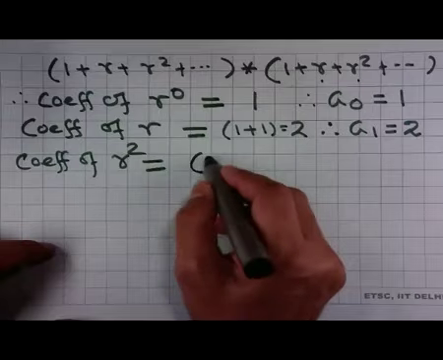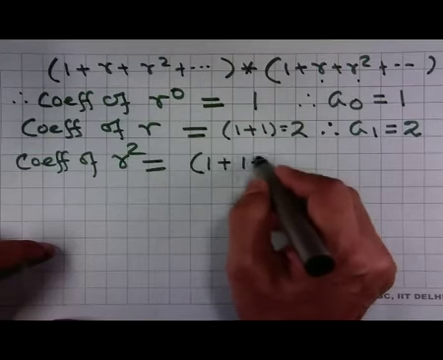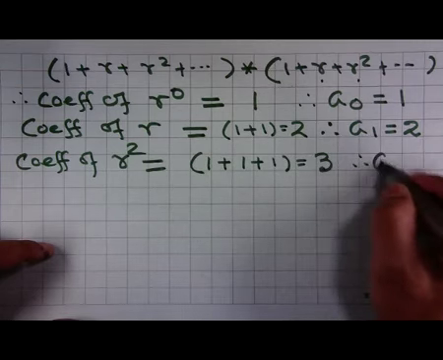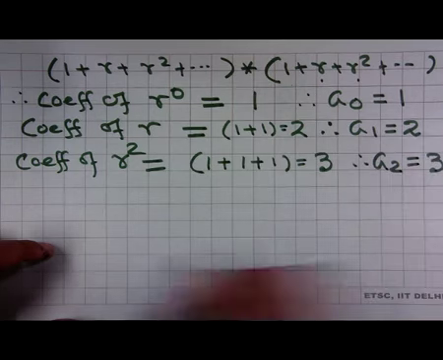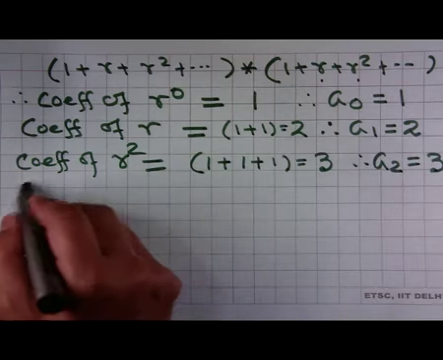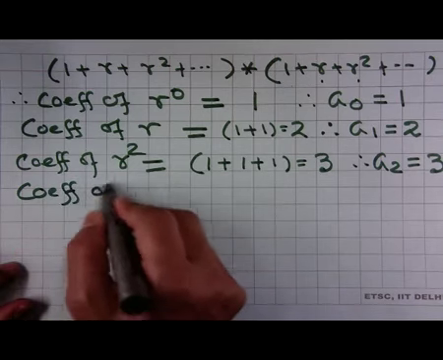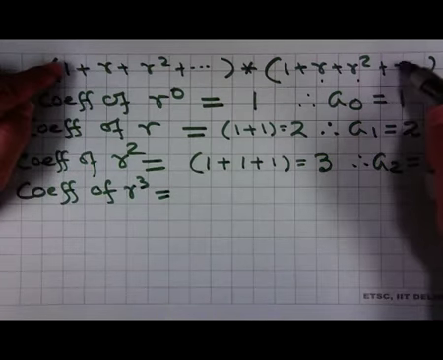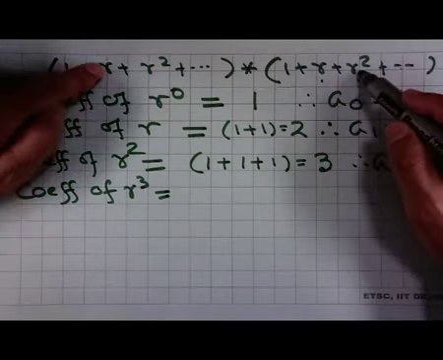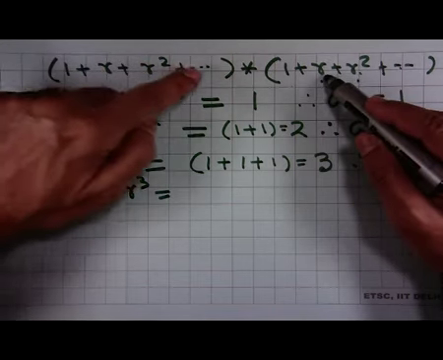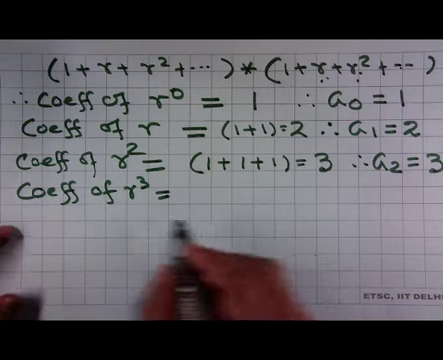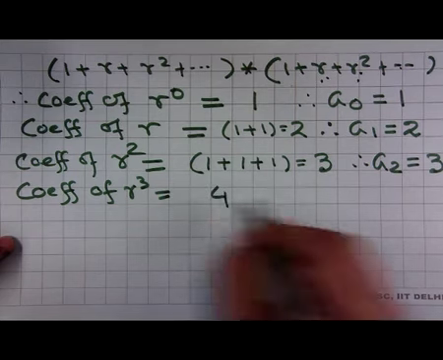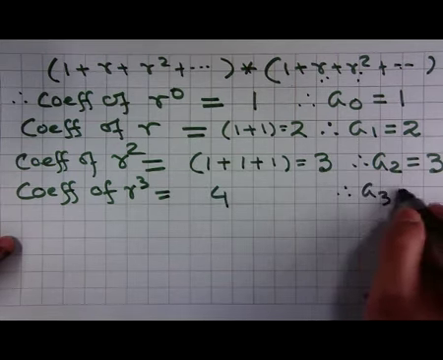Therefore, coefficient of r square is 1 plus 1 plus 1, which is 3. Therefore, a2 is equal to 3. Let me go for one more term that will make you understand the pattern. Coefficient of r cube: in a similar way, 1 into r cube, r into r square, r square into r, and r cube into 1, all four of them will give r cube. Therefore, coefficient of r cube is equal to 4. Therefore, a3 is equal to 4.